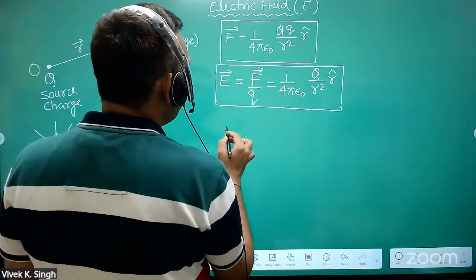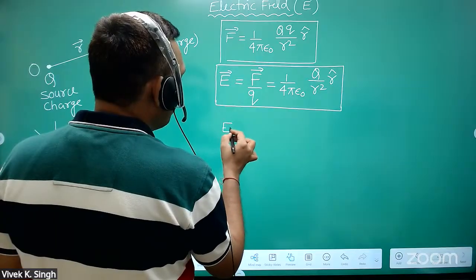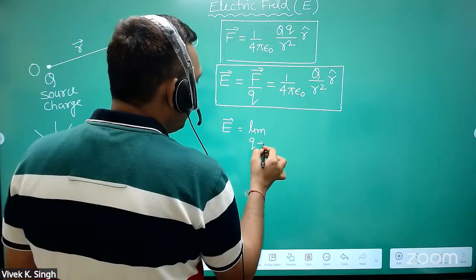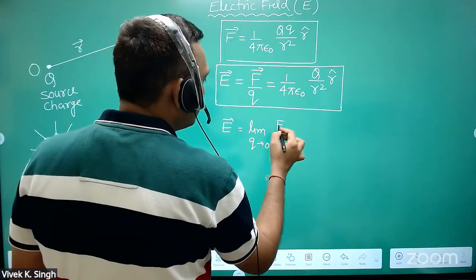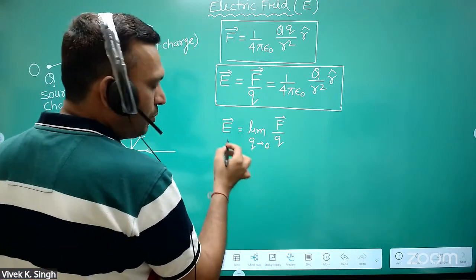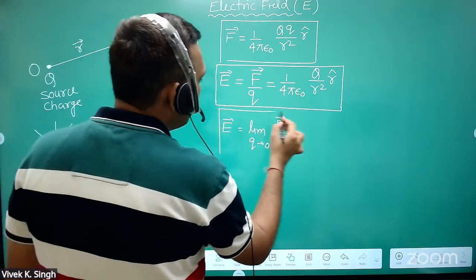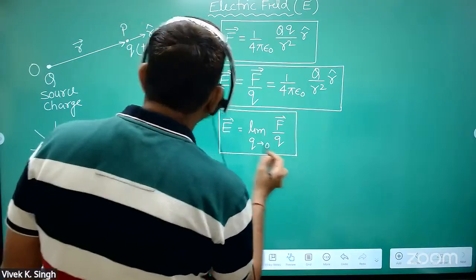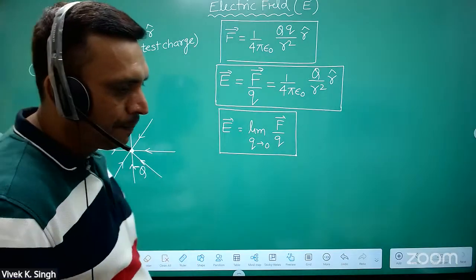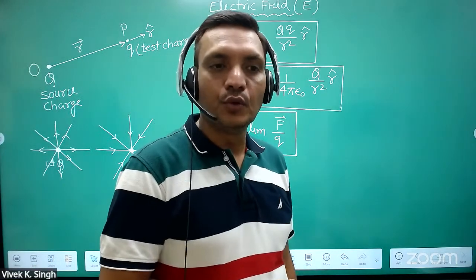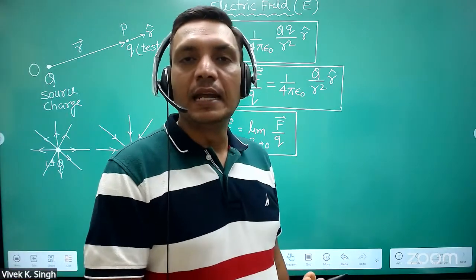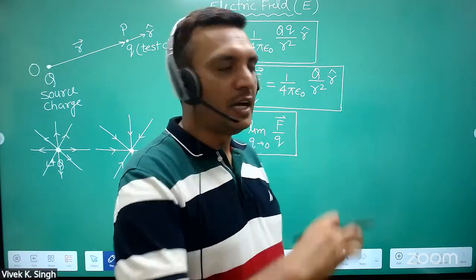तो उस condition में हम जो electric field define करेंगे, we will see that in the limit q tending to 0, F is also small. We will take q to be very small, so that this charge remains stationary. Under this assumption, we will define the electric field due to source charge, that source charge is not moving, so that you can define the electric field due to stationary charge. ठीक है?